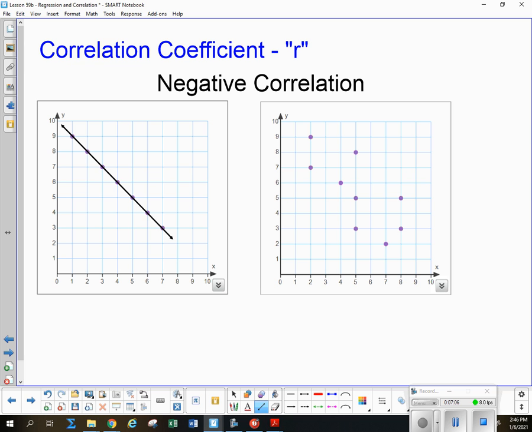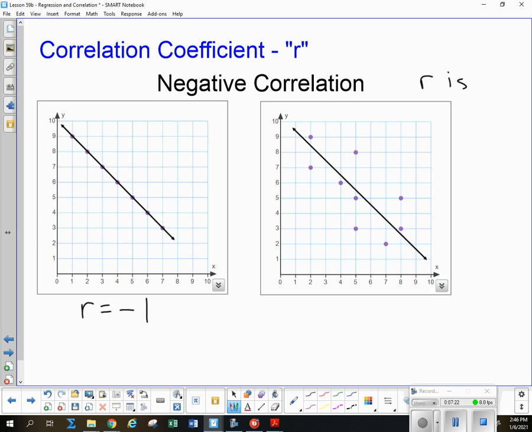This one looks like pretty much a perfect fit. This one, not so much. In this case, R would be -1. If I have a negative correlation, R is going to be a negative number from the calculator.